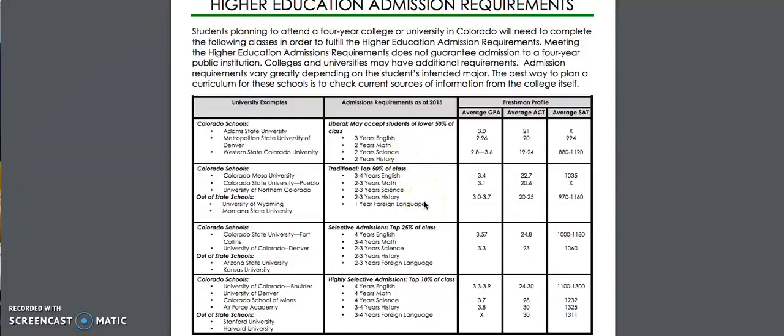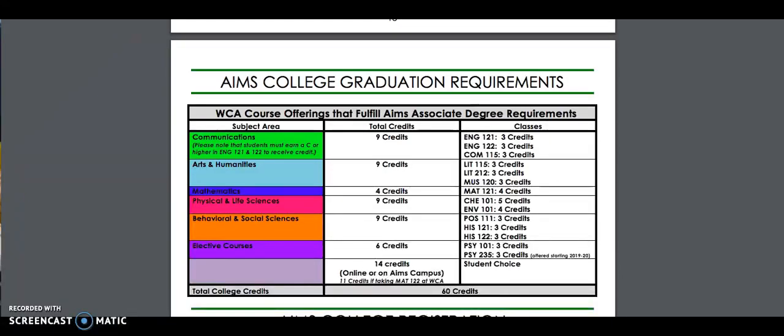Might want 1 year, 2 to 3, 3 to 4. So you really have to decide early on if you want to keep those doors open, or if we choose to stop taking some of those core classes or foreign language, that we might potentially be closing a door for college admissions. So important to know this chart.